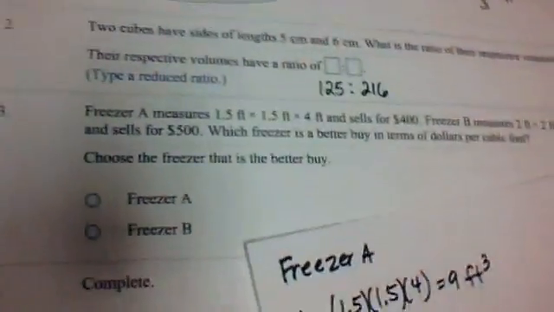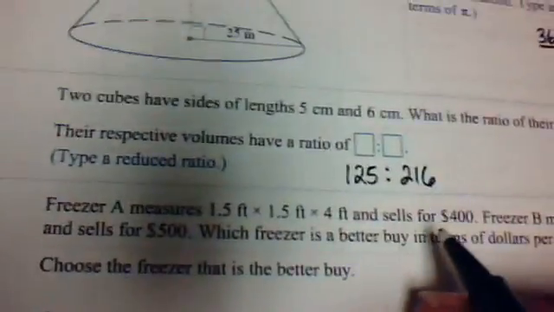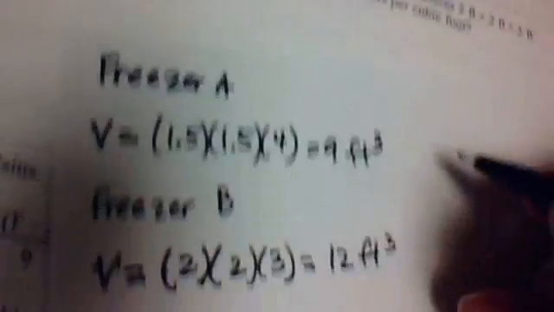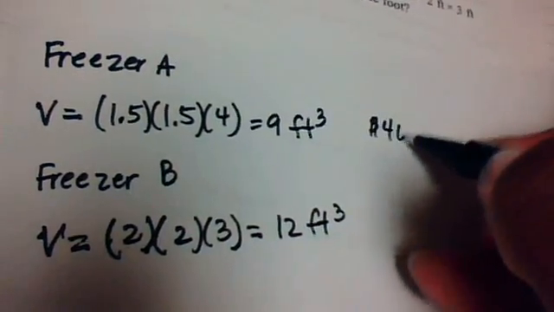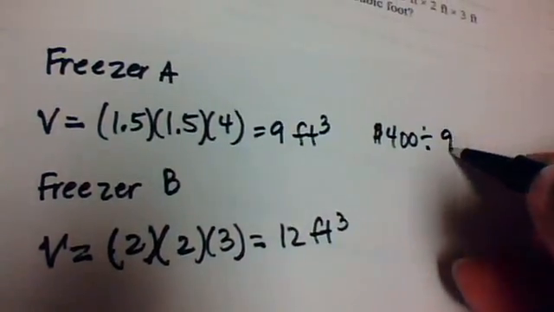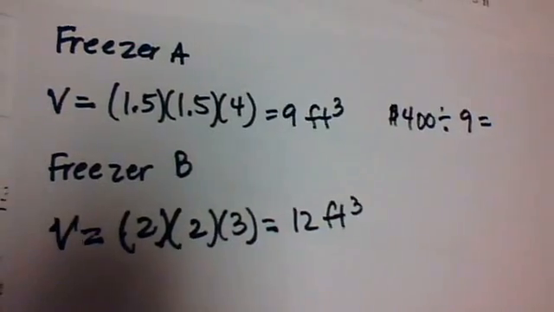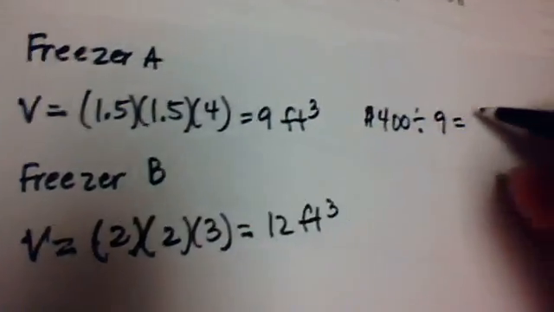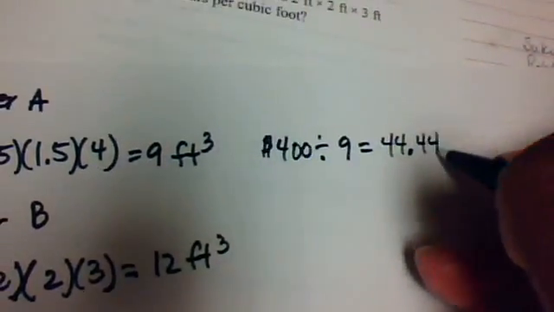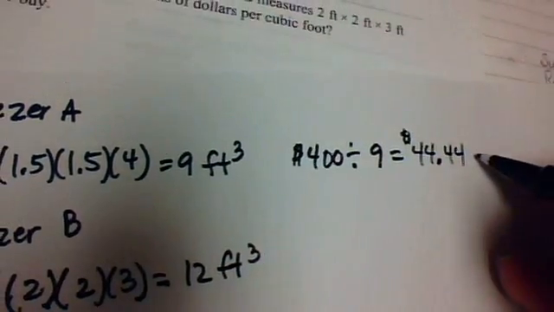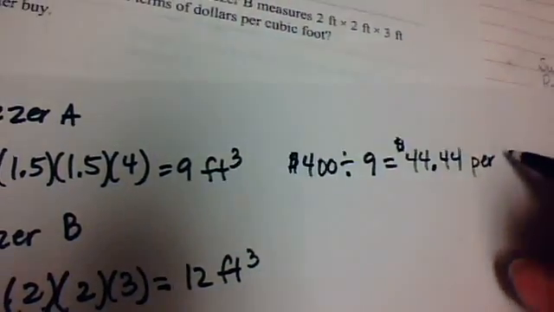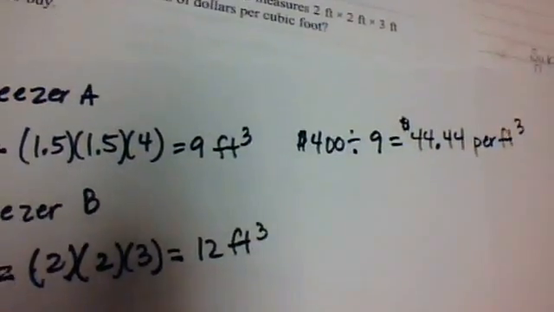Now in this case here, freezer A sells for $400. So in dollars per cubic foot, for freezer A we'll take $400, divide that by 9, which will be $44.44. So it'll be $44.44 per cubic foot for freezer A.